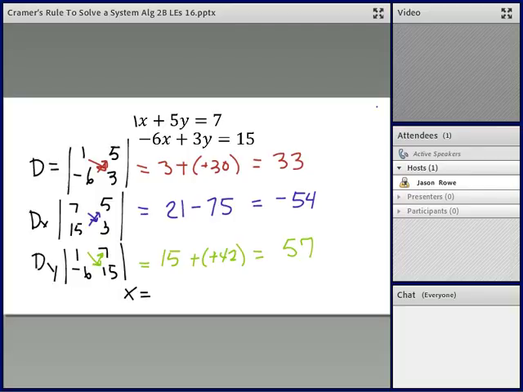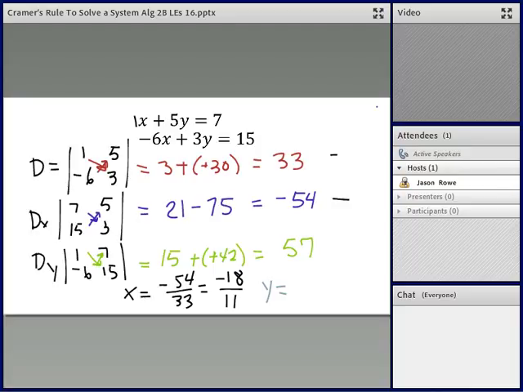So remember, x is dx over d. So -54 over 33. Those both are divisible by 3. So we're going to divide by 3 and get negative 18 over 11. Let's change colors.